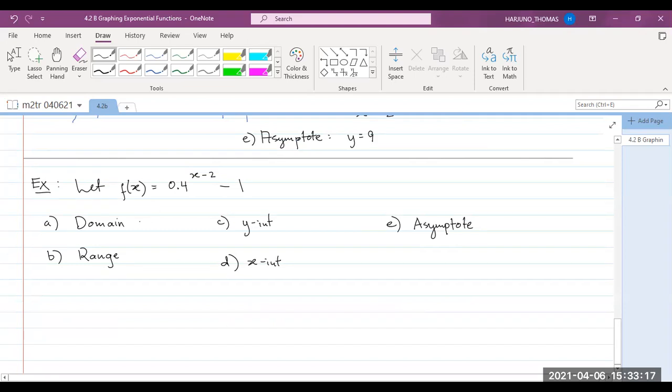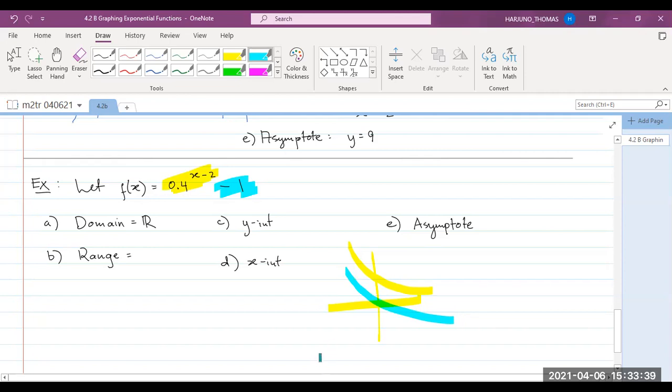Okay, as usual, the domain is all real numbers. The range: the function 0.4 to the x is decreasing down to 0, right? Okay, and minus 1 here moves it down 1 unit.